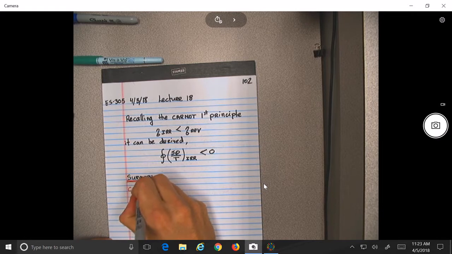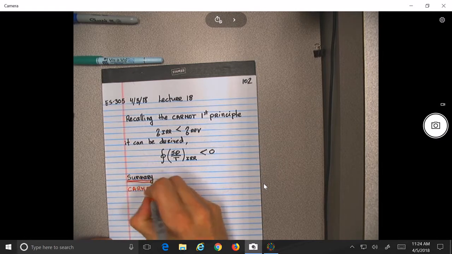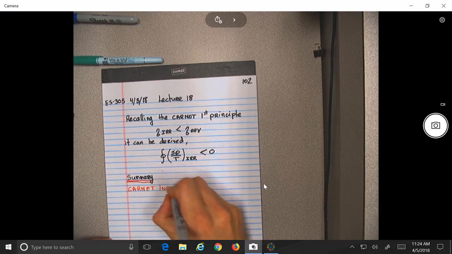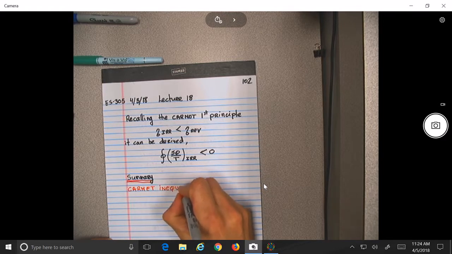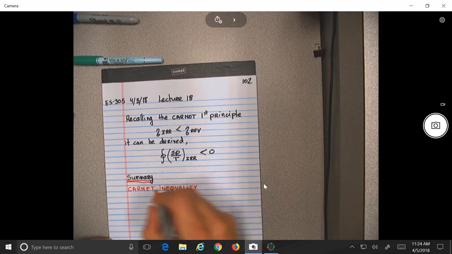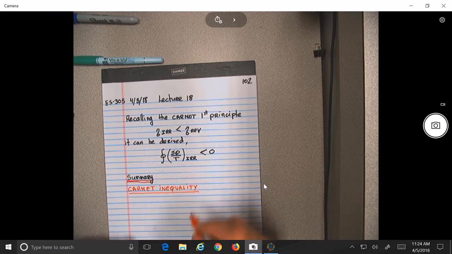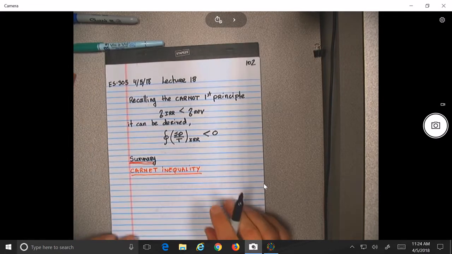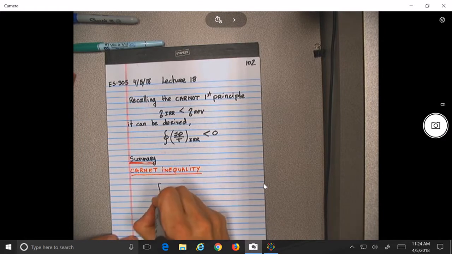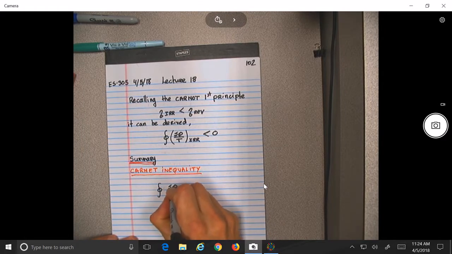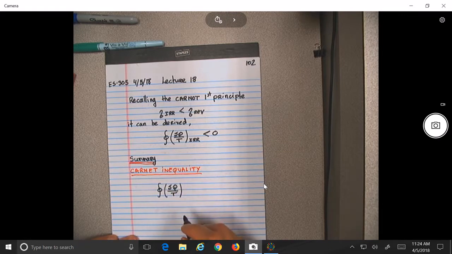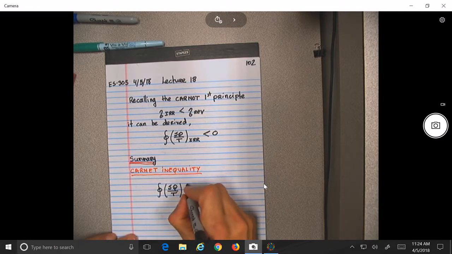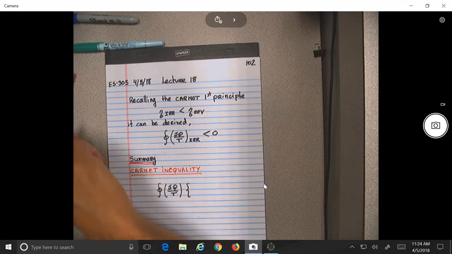Some people call it Carnot theorem, but sometimes it's called the Carnot inequality, which I think is more appropriate because of delta Q over T. So we're going to have here two cases.